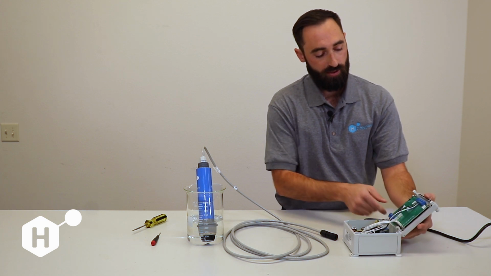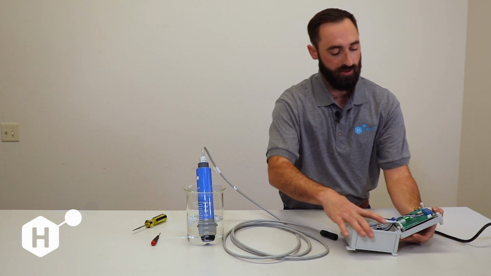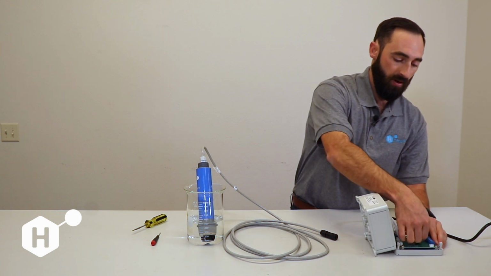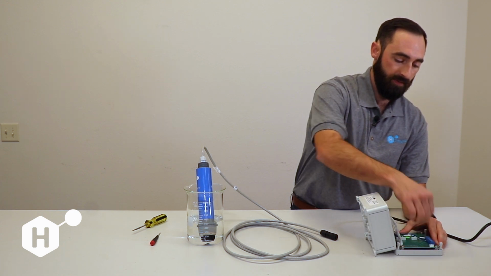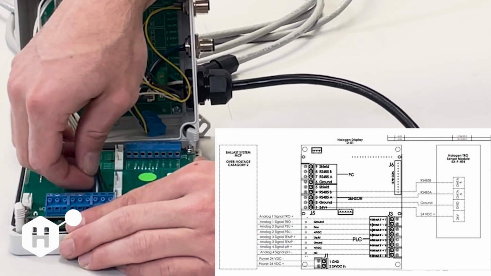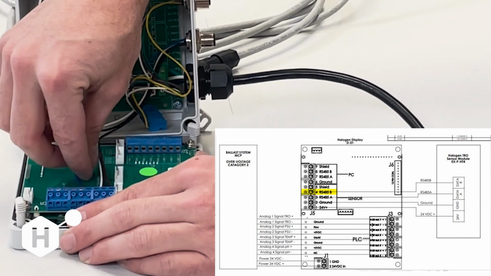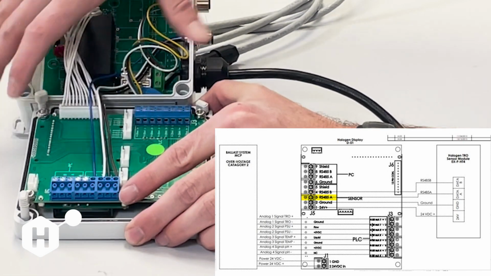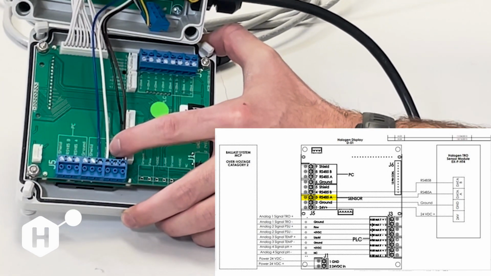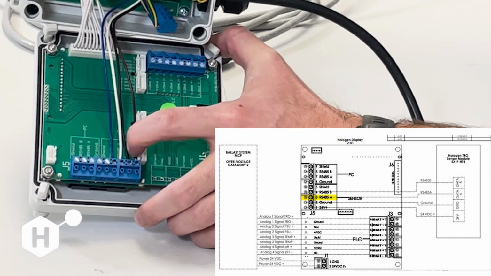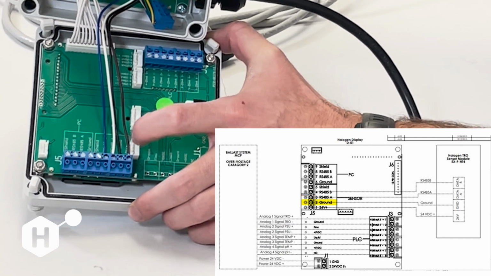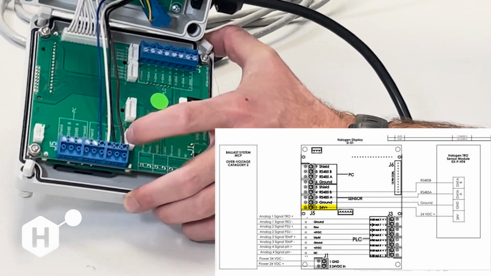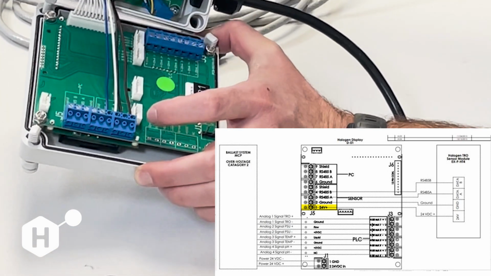And the places we're going to look here is to make sure that our sensor wiring pinouts are all connected and tight, and that our green or blue cable is going to RS485B, the white cable is going to RS485A, the black cable is going to ground, and the red or brown cable is going to 24 volt.